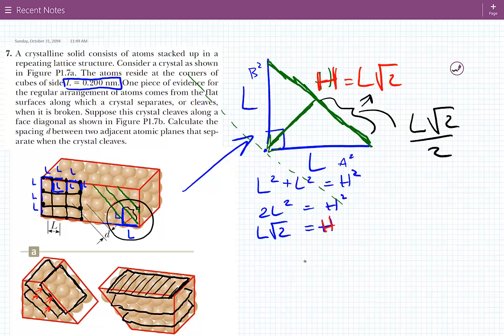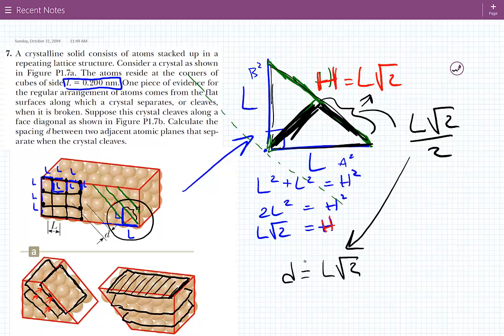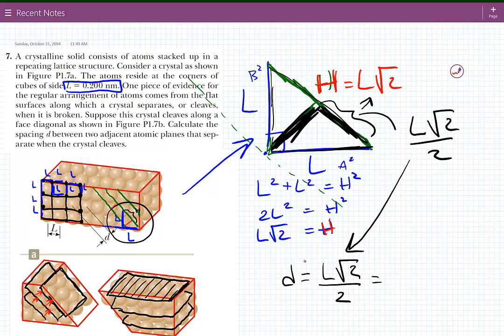And since this whole thing is half of a square, we know that this length and this length are going to be the same. So we found our distance between the two planes. So we can say d equals L times the square root of 2 over 2, which equals, and I will get our calculator out.